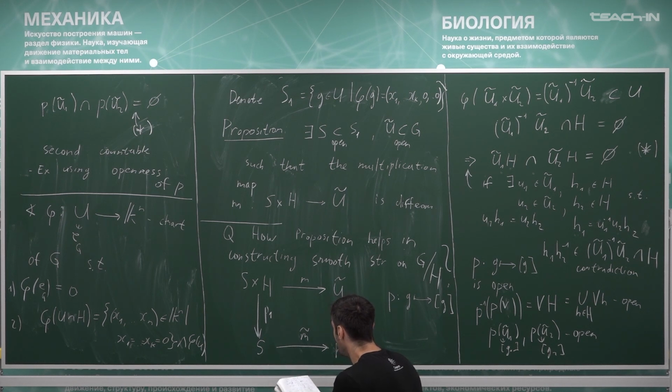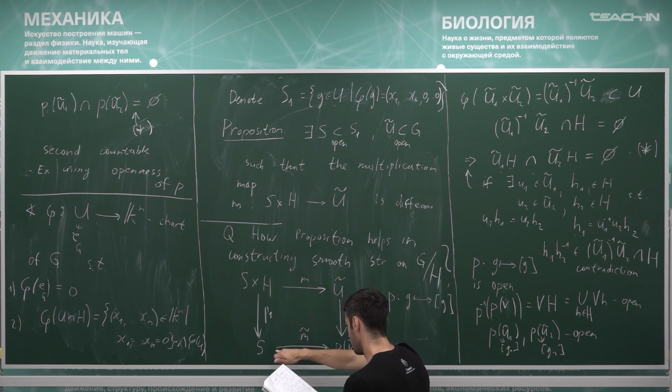So the thing is that we have these projections, right? And M sends the fiber of this map to the fiber of this map, and M is a diffeomorphism, which defines a homeomorphism M tilde for us.